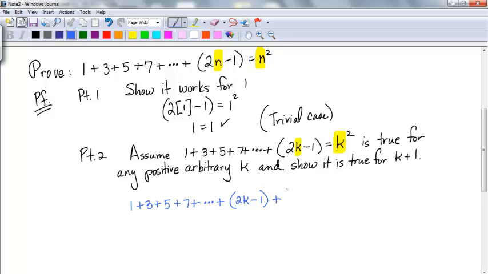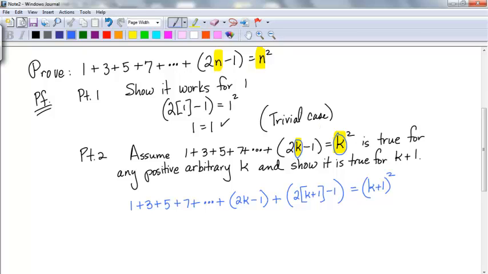So plus, to go one more term, everywhere you see a k up here, you substitute in a k plus 1. So this would be 2 times the quantity k plus 1 minus 1, and it equals, on the right side, everywhere you see a k, you put in a k plus 1.